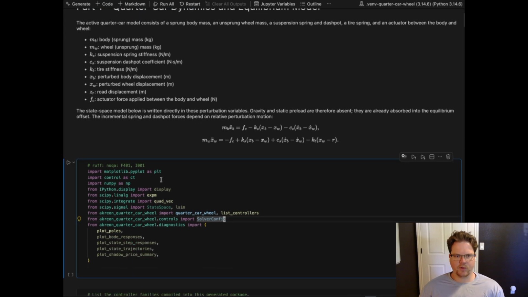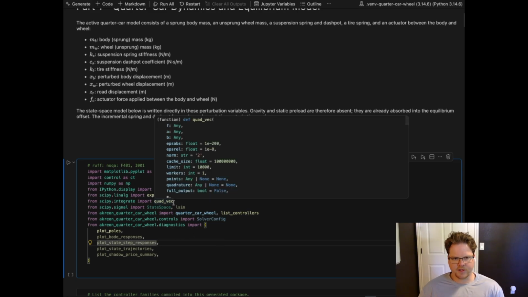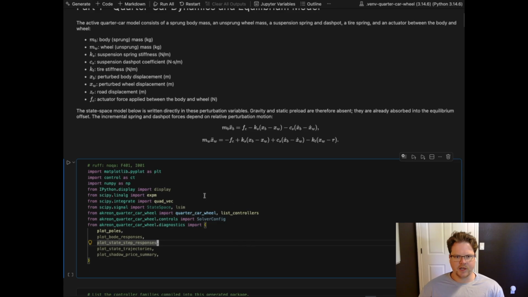And then, like before, this is just the initial boilerplate for getting all the Python modules in place. I'm using some SciPy, NumPy, and control. This is what I've compiled together for this tutorial series, the Acreon quarter car wheel. Like the cart pole itself, I have a smaller control set compiled into this Python module in my pip wheel.